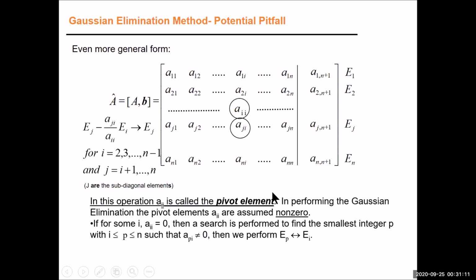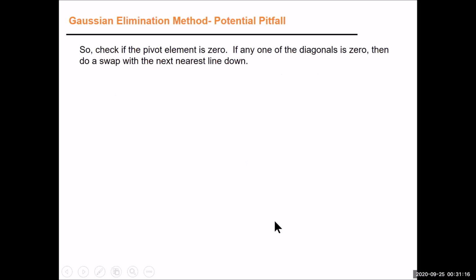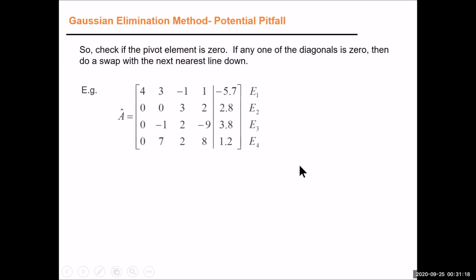Okay, so let's take a look at an example where the pivot element is 0. What do you do? I gave a very quick answer, whereby you need to do swapping. Once you do the swapping, you will get rid of this problem. So let's say you have this 4x4 matrix here. Let's do it step by step.